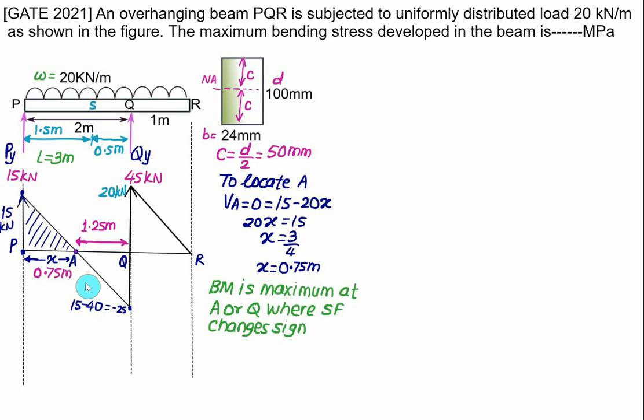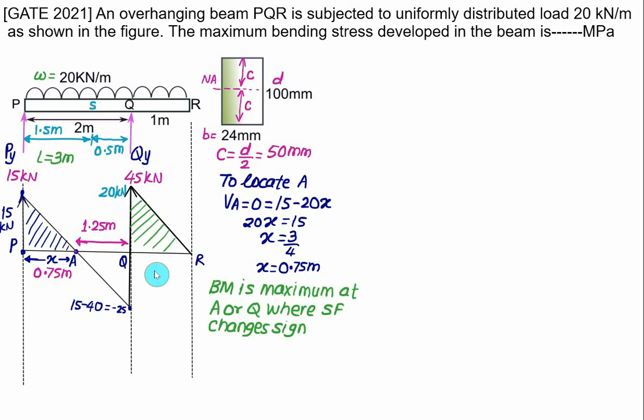Now in the given SFD diagram, the shear force changes sign at point A and at point Q. So there is a chance that we have maximum bending moment at point A or at point Q. For point A we'll use this triangle area, and for point Q we'll use this triangle area.